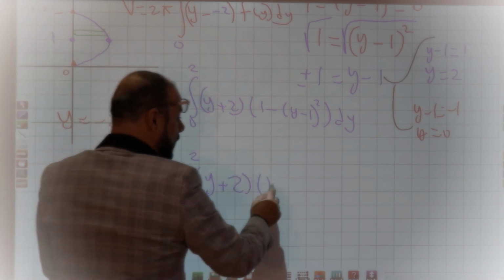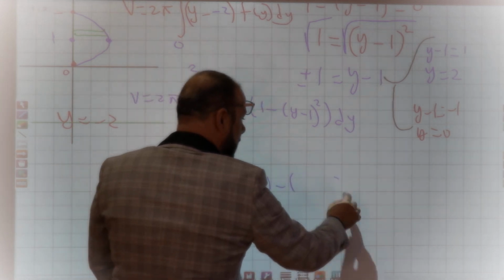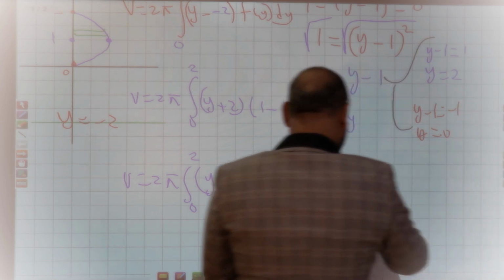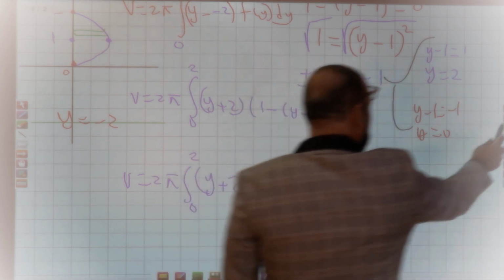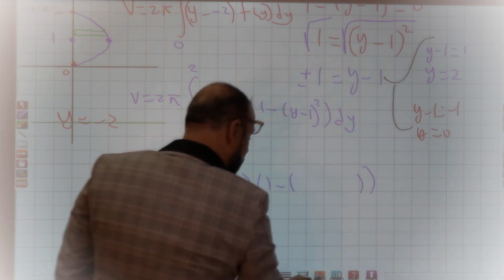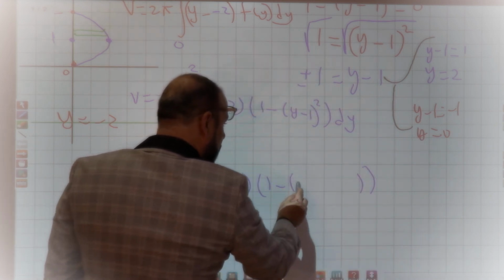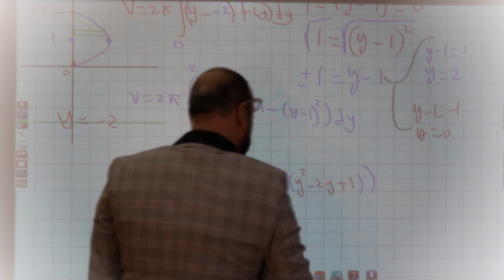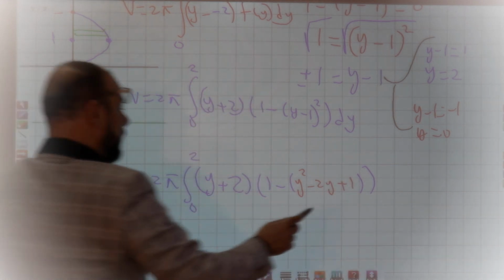And this 1 minus, I'm going to make this in red. Then I expand this one, which is y squared minus 2y plus 1, dy.